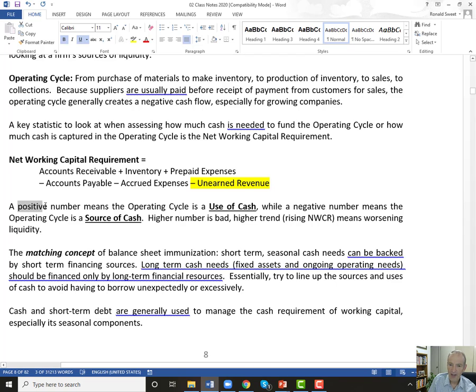A positive number is negative for liquidity. If it's a negative number, if these three are greater than these three, then your operating cycle is actually a source of cash. A high number is bad, a low number is good. Positive numbers are normal, but they're not as good as negative numbers. I'll show you why the accounting side looks at this the exact opposite.